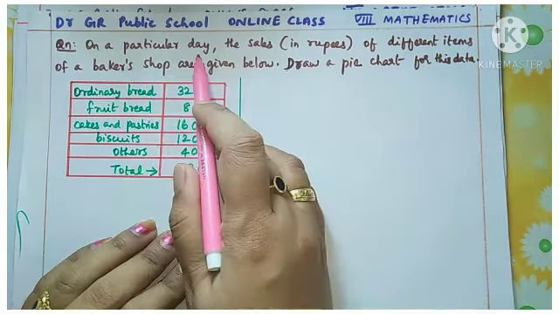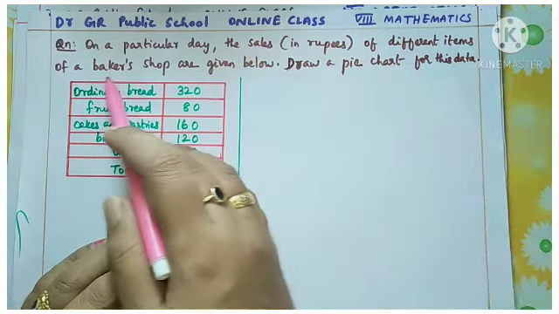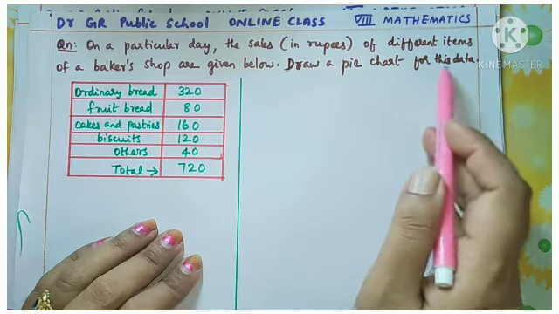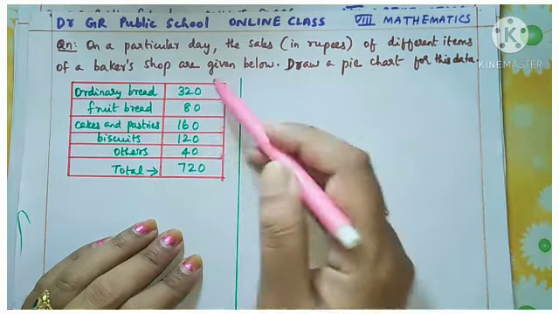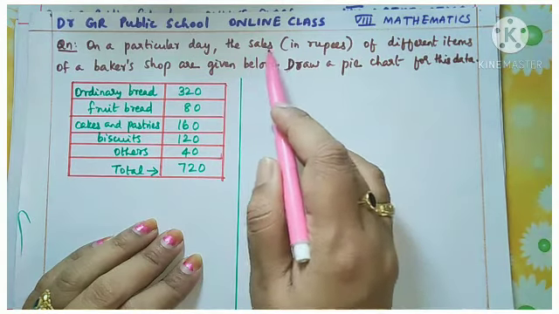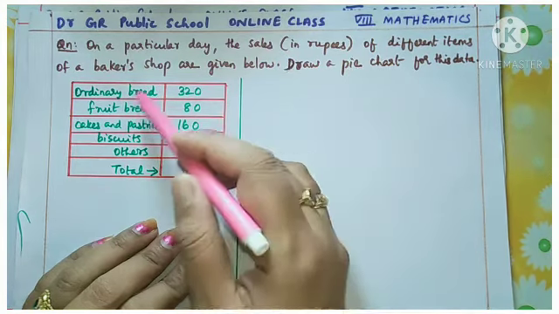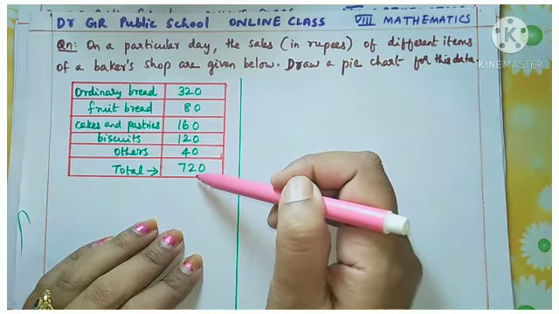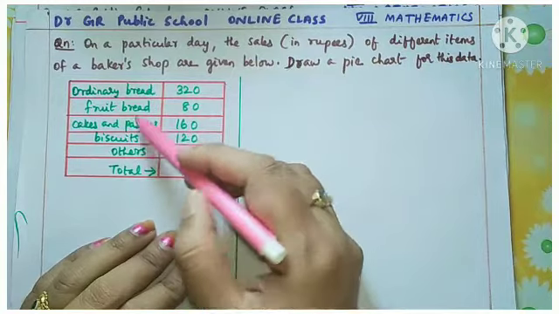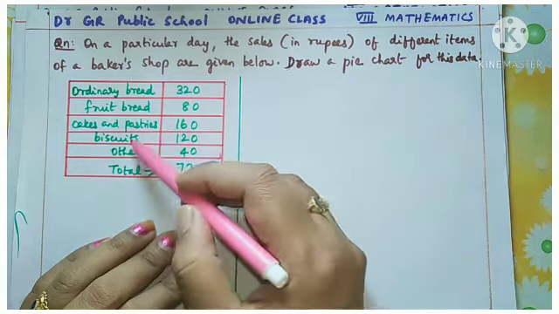Now see this question. On a particular day, the sales in rupees of different items of a baker's shop are given below. Draw a pie chart for this data. So here one data set is given. This data is about the sales in rupees, that is how many rupees of items are sold in total from a baker's shop. And you see the items: ordinary bread, fruit bread, cakes and pastries, biscuits and others.